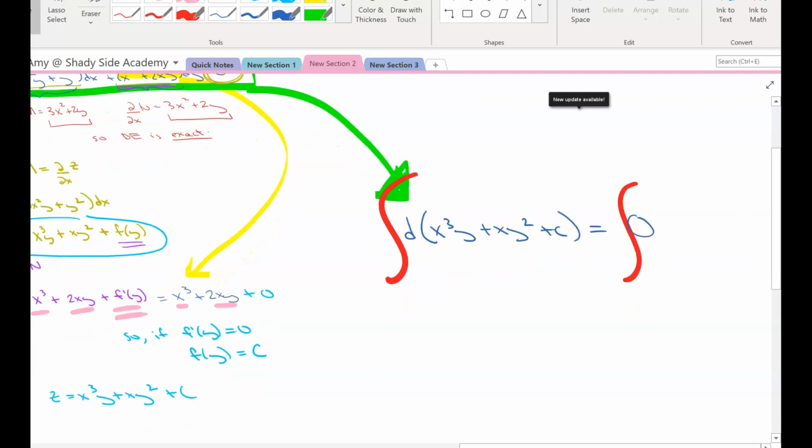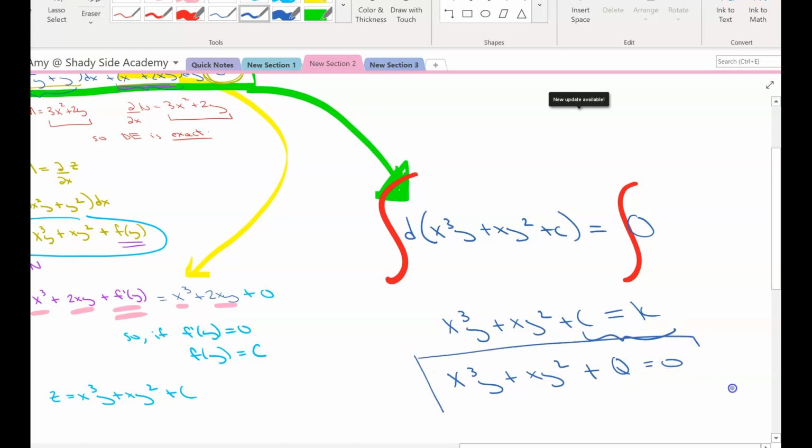When you integrate both sides, we get x cubed y plus xy squared plus c equals some other constant k. Naturally I can amalgamate those two and make this look nicer. x cubed y plus xy squared, I'll just call the constant, I don't know, I'm out of letters, plus q equals 0. Here's my final solution to the differential equation.